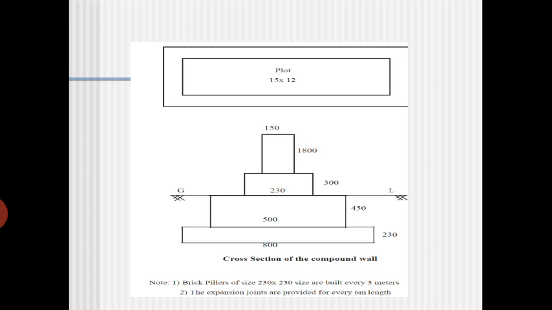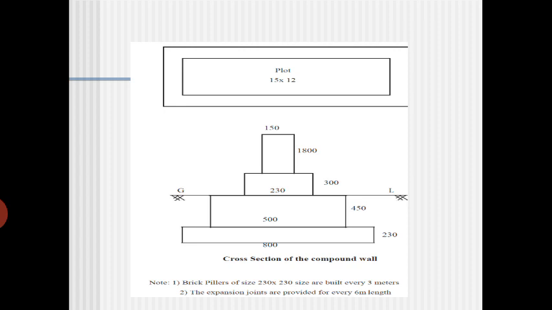And the brick pillar size they have also given, that is 230 by 230, and they are built for every 3 meters. You have seen the compound walls. For compound walls, normally they will either use prefabricated cement columns, or sometimes they will use bricks.